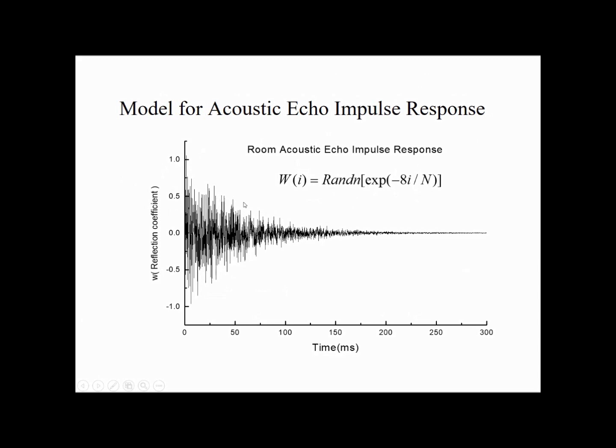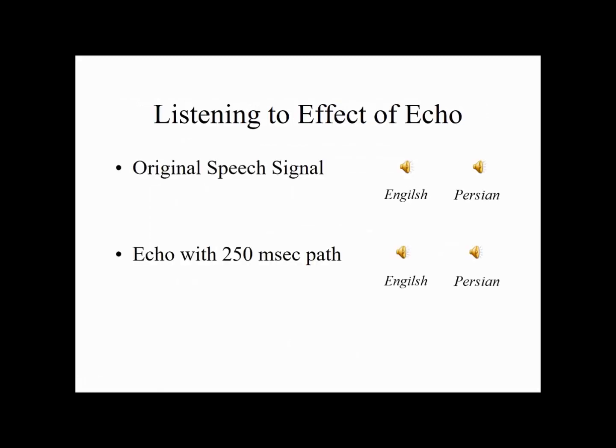This is the reverberation of the acoustics: after many reflections on the wall, it gradually decreases to about minus 60 decibels, and we will not hear any echo. But generally, for instance, we need the impulse response for 250 milliseconds.